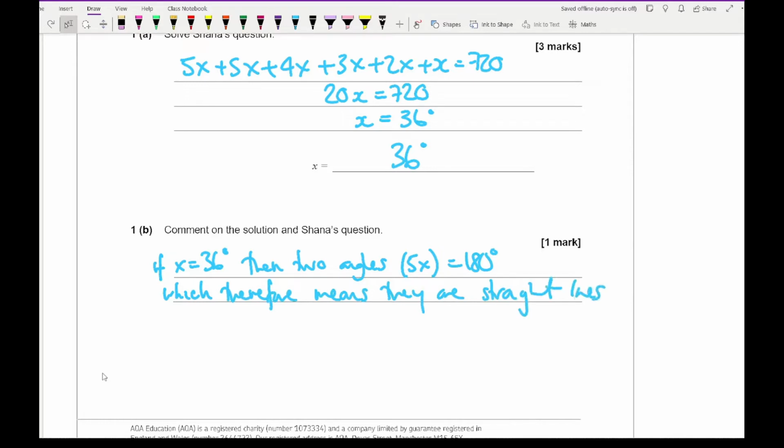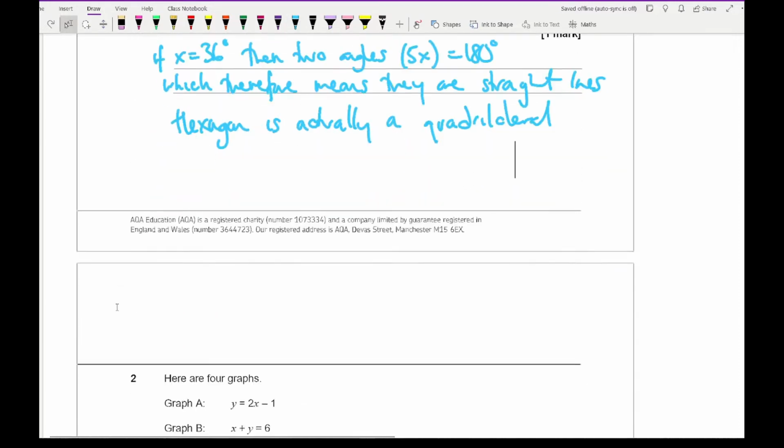So in fact, this hexagon is actually a quadrilateral. Something along those lines would be good enough for you to get your single mark for that question.